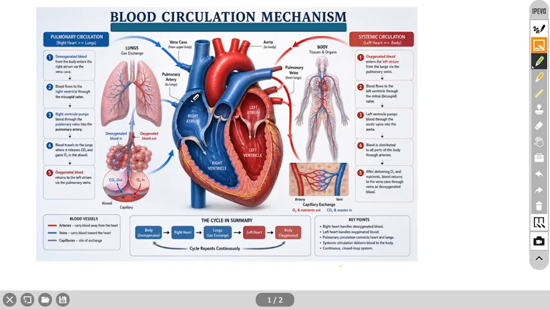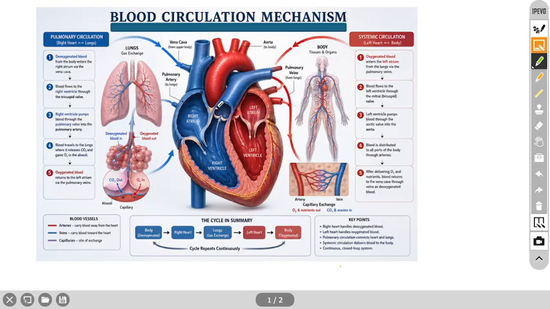The superior vena cava, the inferior vena cava and the right heart are shown here in blue, because they carry deoxygenated blood from the body.